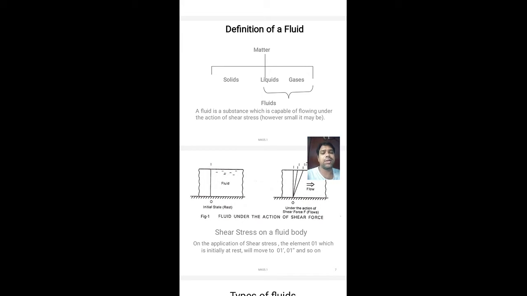Another difference between solids, liquids and gases depends upon the molecular forces, or intermolecular force of attraction, which is nothing but the spacing of molecules.